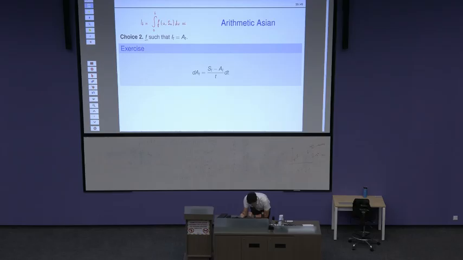And this should be the same as 1 over t times the integral from 0 to t of S_u du. This is my At. So this is what I want to have, because then, by definition, at terminal time capital T, they are the same. So this information is definitely enough to define the boundary conditions. But the question is, what is my f in this case?